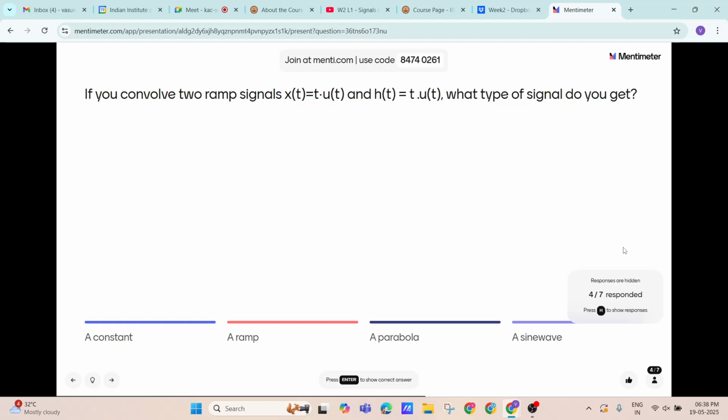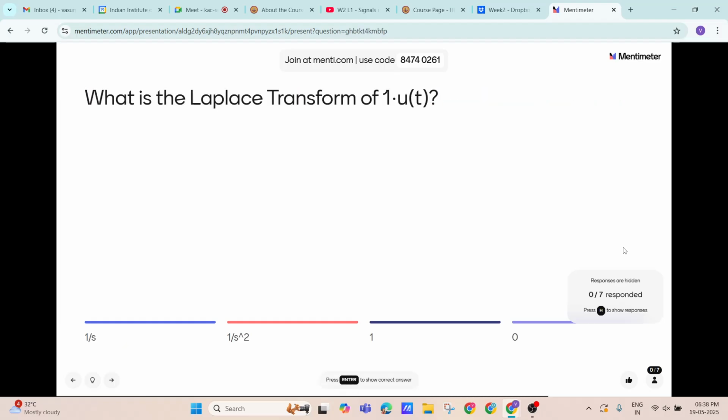One person hasn't responded yet. What is the Laplace transform of 1 into u of t? Next time I am going to reduce the timer. Sorry for that.